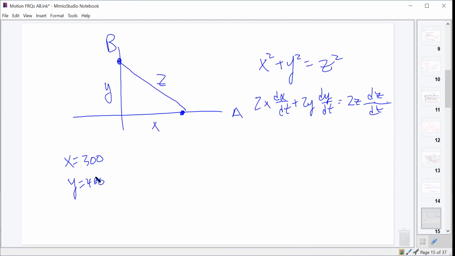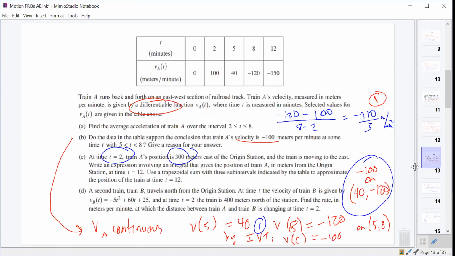And using a little bit of simple right triangle trig that you probably don't even need to write out, z would then be 500, just the 3, 4, 5 right triangle. And then our value for dy/dt should be this velocity equation right here, evaluated at 2.